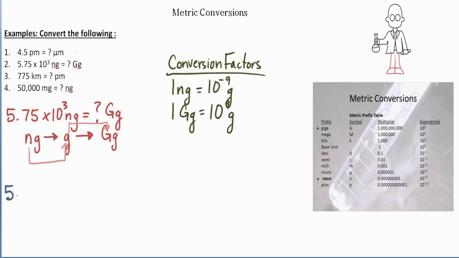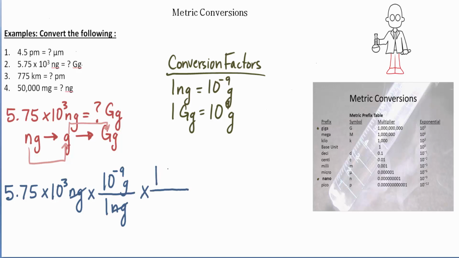So we write out 5.75 times 10 to the third nanograms times, in 1 nanogram, we have 10 to the minus 9 grams. Unit of nanogram cancels.